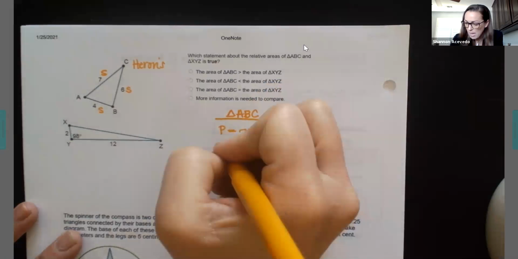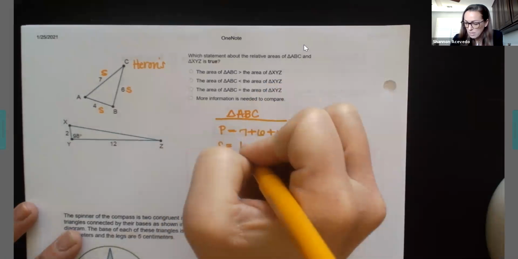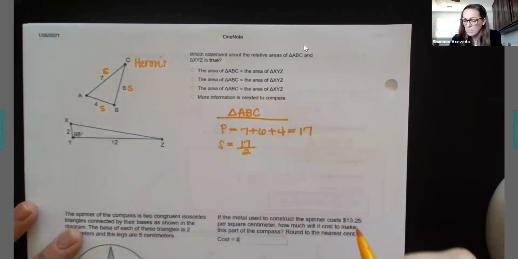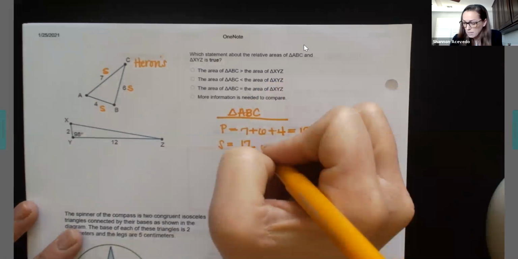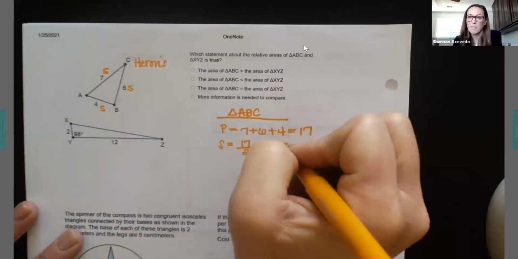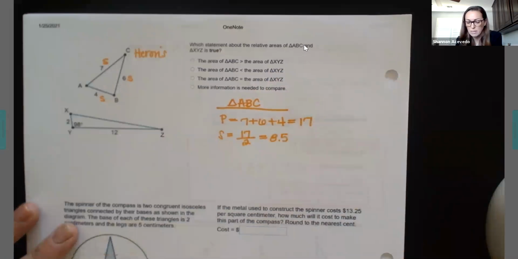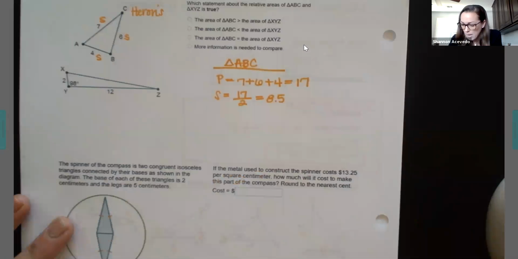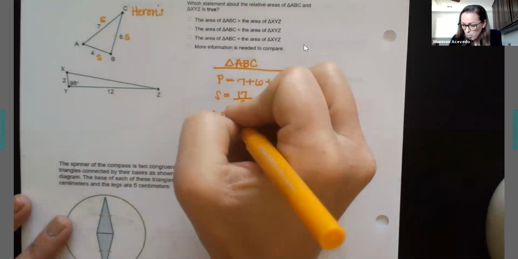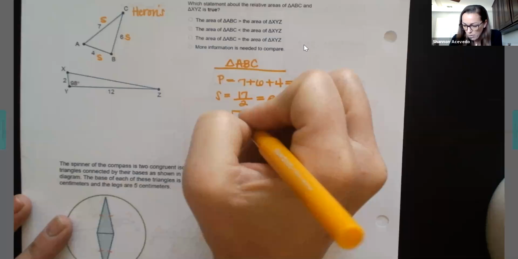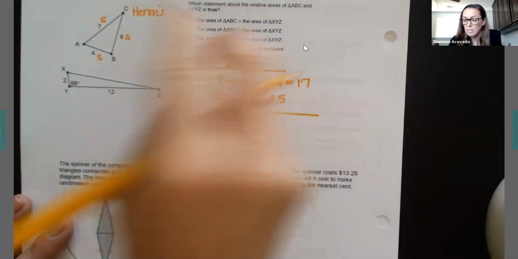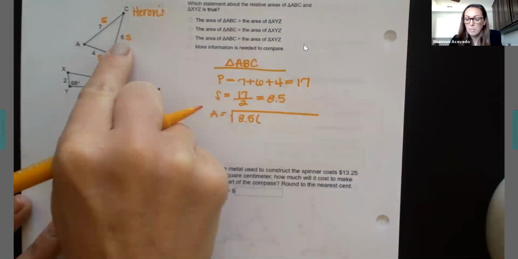Then my S is going to be 17 divided by 2, my perimeter divided by 2. I'm going to put that as a decimal, 8.5, because it's easier to work with. I'm going to end up using my calculator to find the square root anyways. Then the area is equal to the square root of S times S minus 4, S minus 6, and S minus 7.